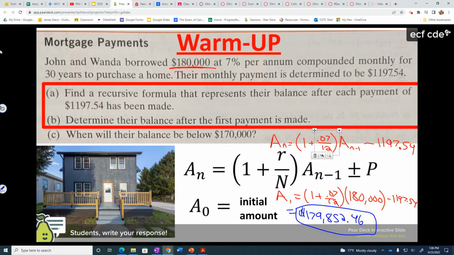Is everyone getting this? Logan, no? I think I might have missed on the first one. Okay. Yeah, it's just finishing the equation. It's the minus 1197.54. Here. It's this 11 and 7.5.